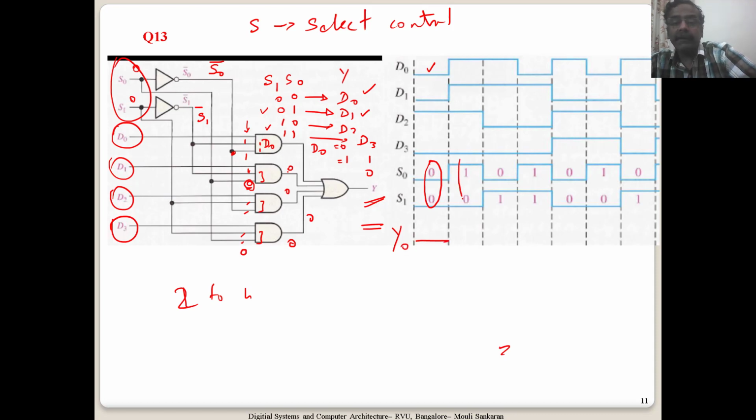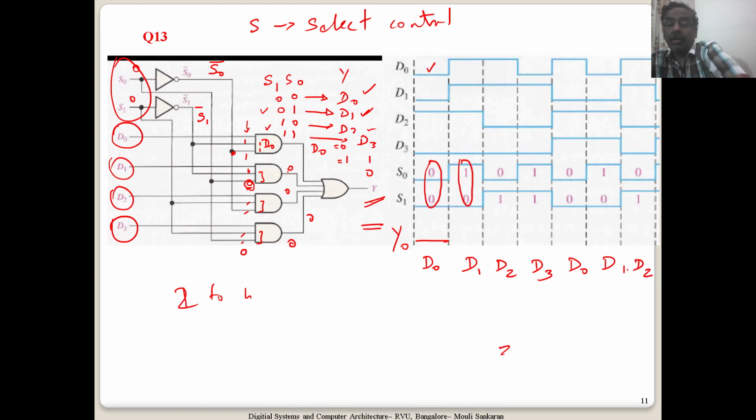Then S0 being 1 and S1 being 0, that means I am going to choose D1 at this time. So D0 is coming out, here D1 is coming out. Now S1 S0 being 1 0, that means D2 is going to come out. 1 1 means it is going to be D3. 0 0 again D0, then D1 and D2.